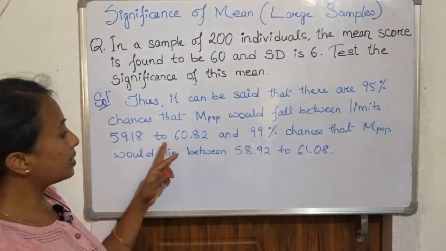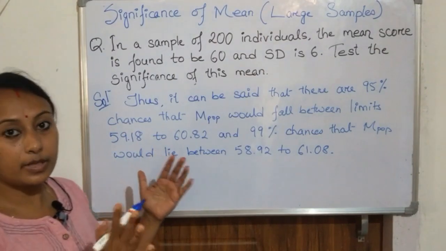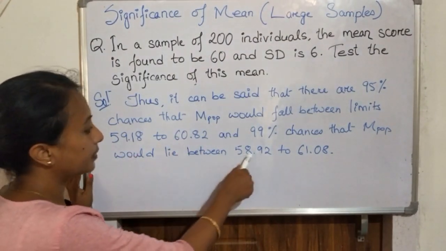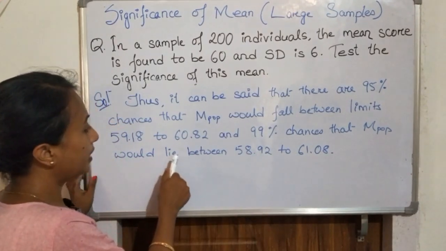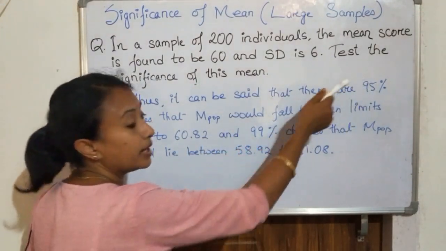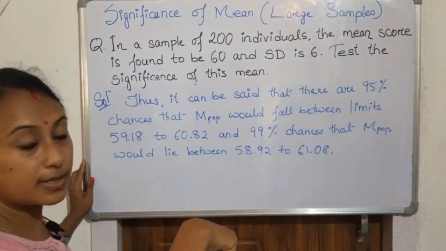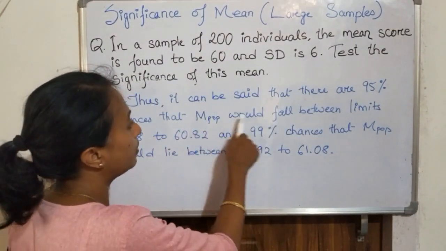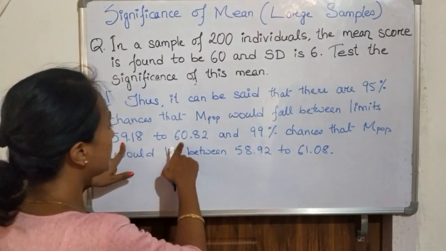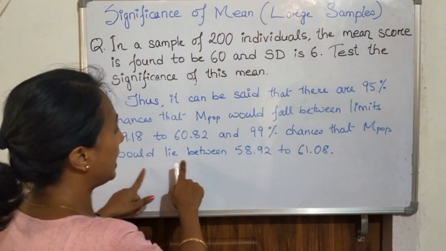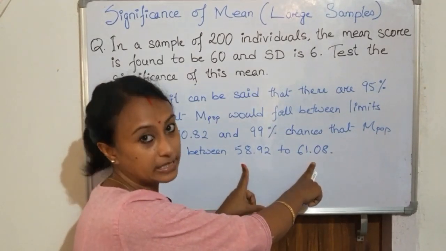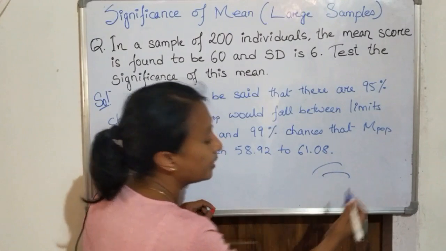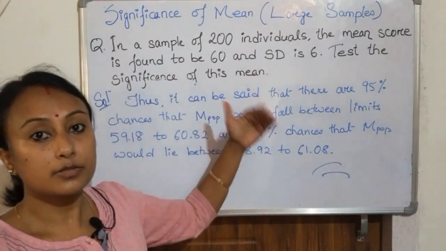Now you can understand, no? We added and subtracted, and we got these two values. At 95%, where we calculated at the 5% confidence interval, we have written that there are 95% chances that the mean of population would fall between these two limits, and at 99% or 1% confidence interval the mean of population would lie between those two limits. So this is the result of our solution.